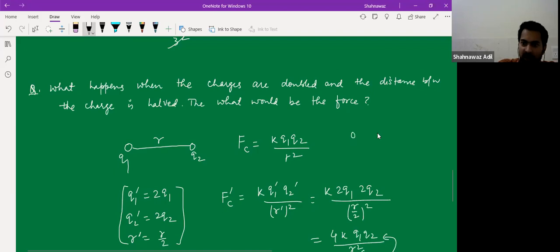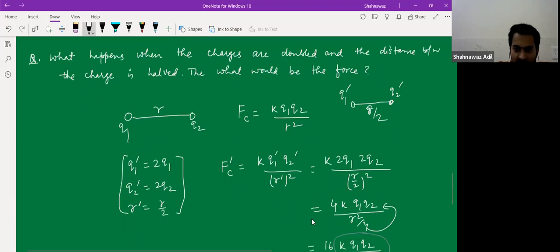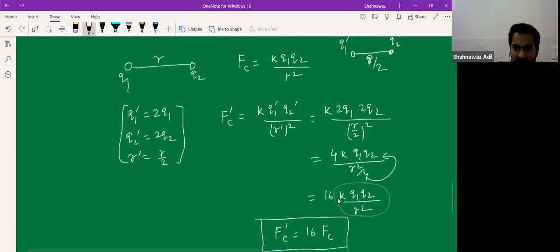The new separation is R by 2. And these are Q1 prime, Q2 prime. Then we calculated the new Coulombic force. When we put the values of Q1 prime, Q2 prime and R prime, we got a force which is 16 times the older force.